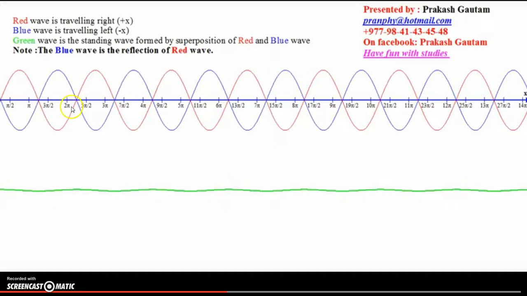When these two waves are mirror images, that's constructive or destructive? That's destructive interference, because the displacements are on opposite sides. Blue is negative displacement, red is positive at this location. So the green line is perfectly flat, because all of the crests and troughs are canceling out.